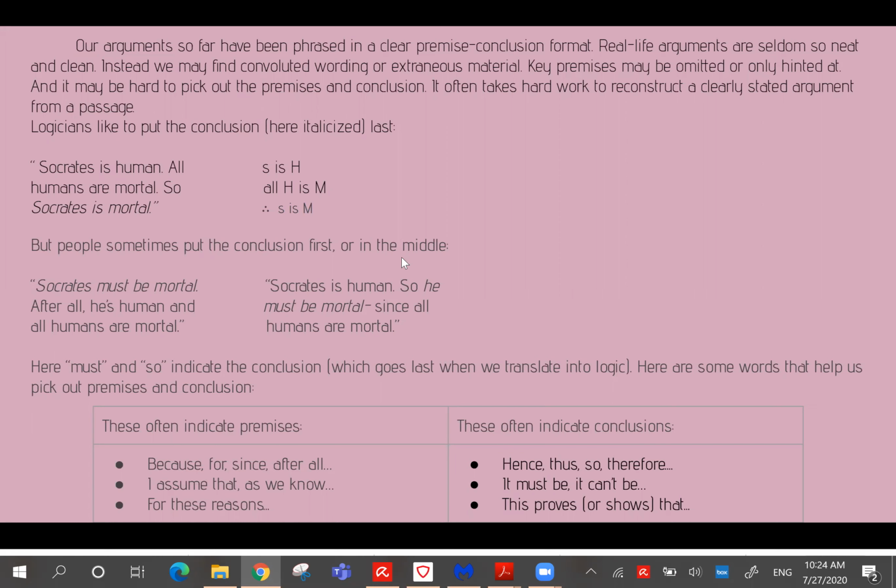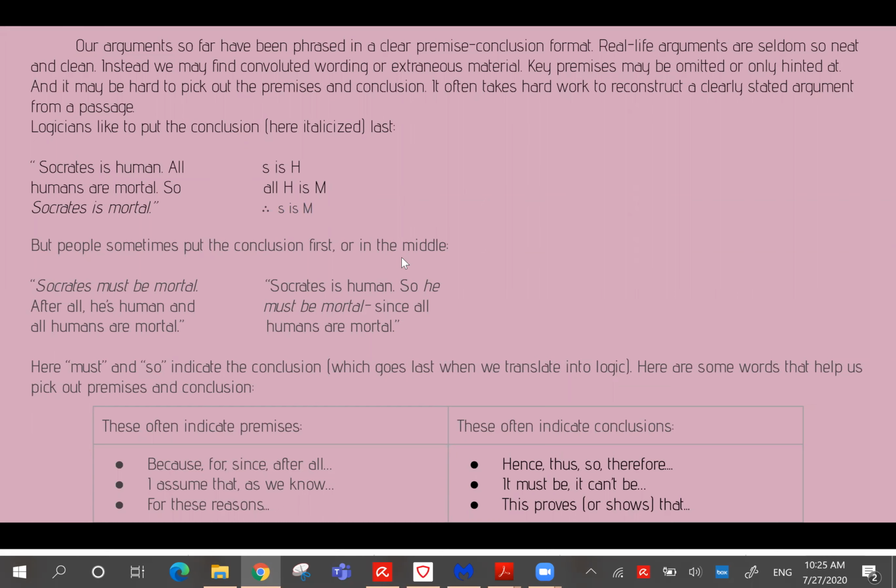Here are some words that help us pick out premises and conclusion. So phrases that often indicate premises include because, for, since, after all, I assume that, as we know, and for these reasons.